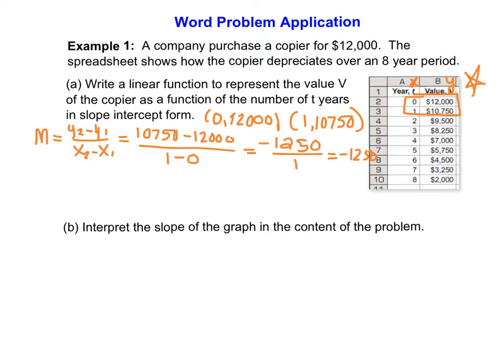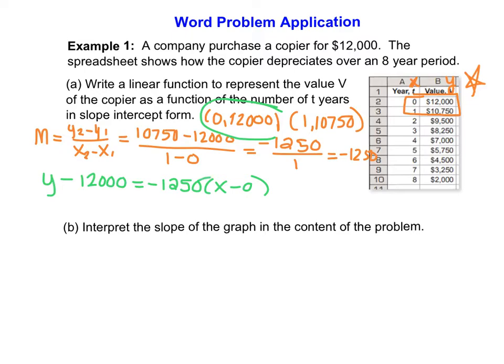And remember, to write our equation starting in point-slope form, we need to pick a point. I'm going to pick this point here because I think 0 makes it look like it would be a pretty easy problem to solve. So we do y minus our y-coordinate of 12,000 is equal to negative 1250 times, in parentheses, x minus 0.